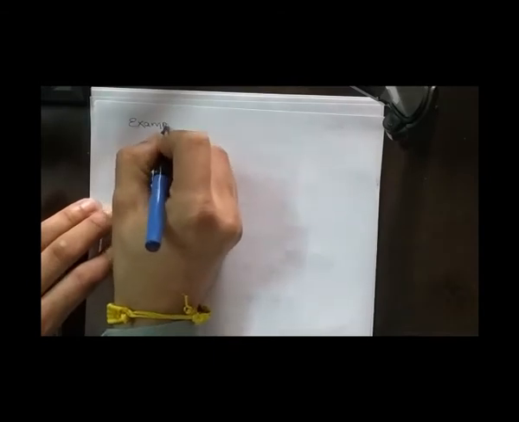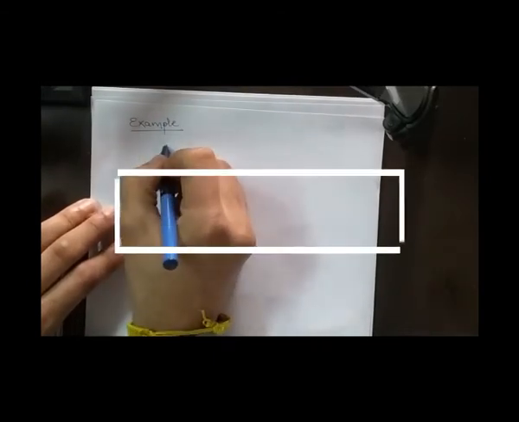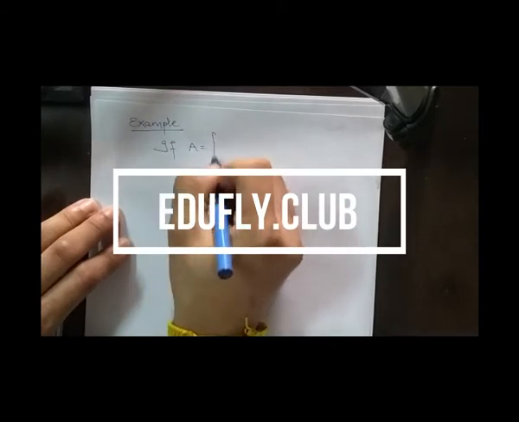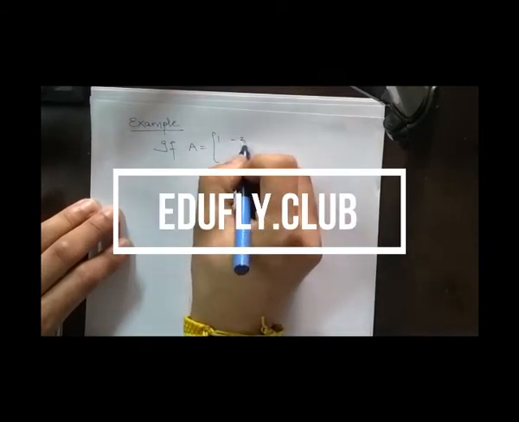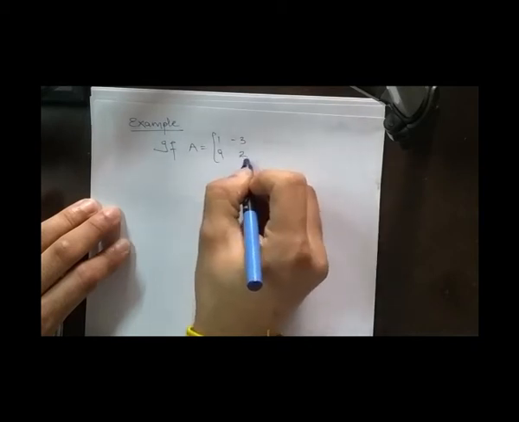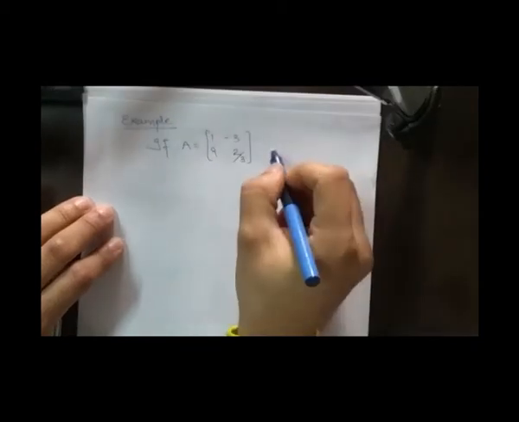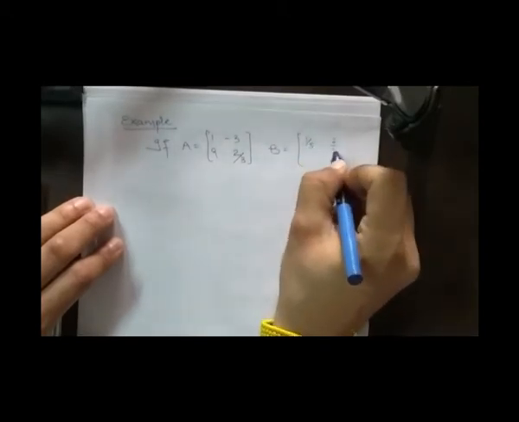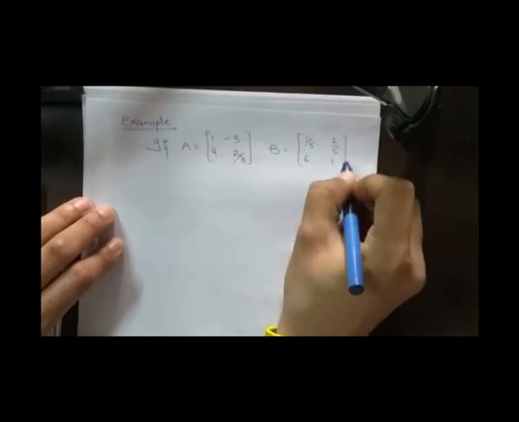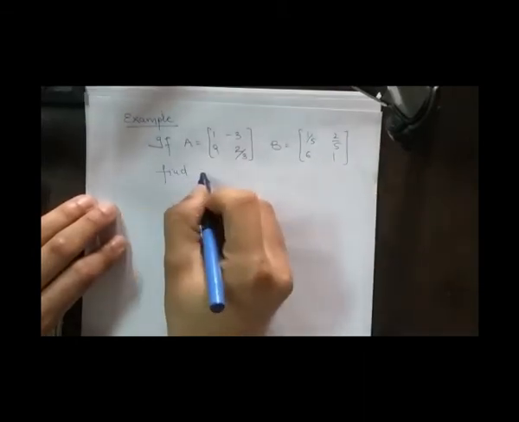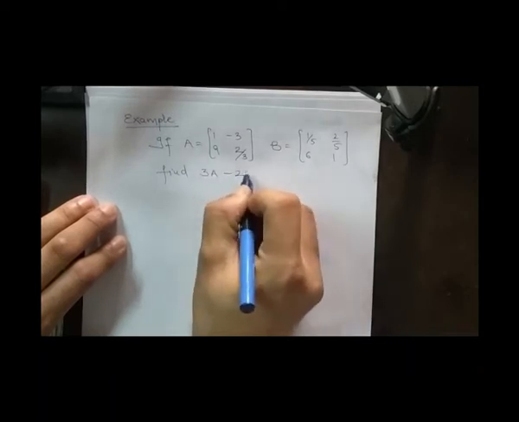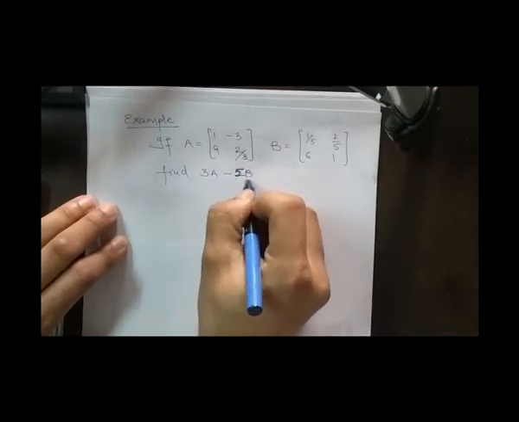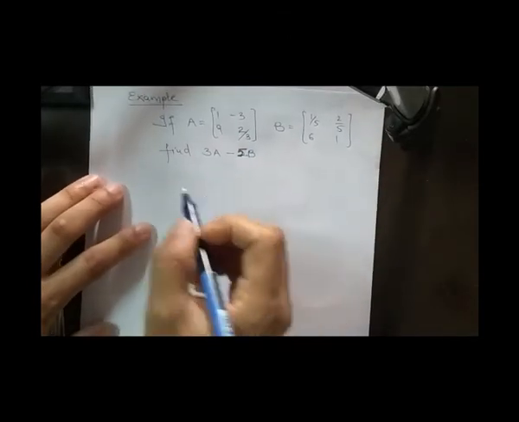One more example we will take. If A is equal to 1 minus 3, 9 2 by 3, and B is equal to 1 by 5, 2 by 5, 6 and 1, then find 3A minus 5B.